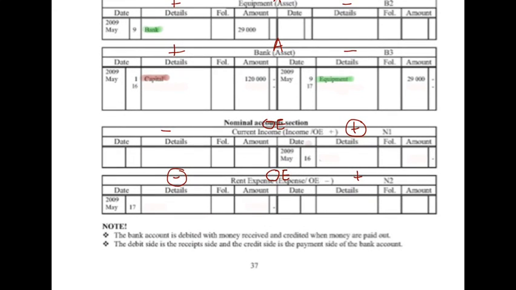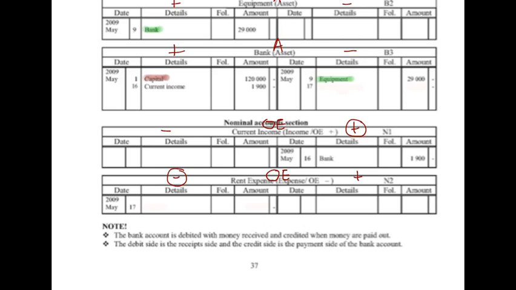Look at the date, please. It's May 16th. I'm going to say that my other account would be bank, 1,900. So if this is the debit, this is the credit, then I need to go and put through the debit, which is going to be in bank, 1,900.